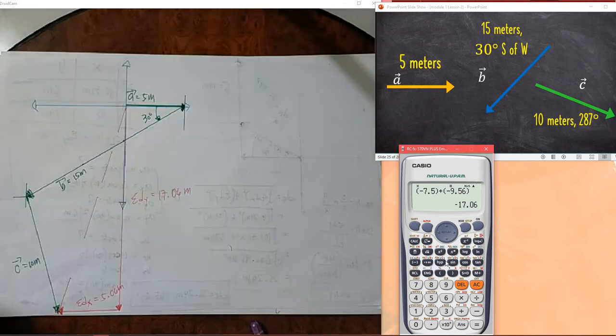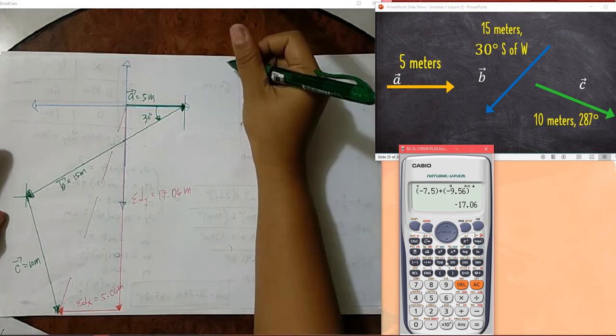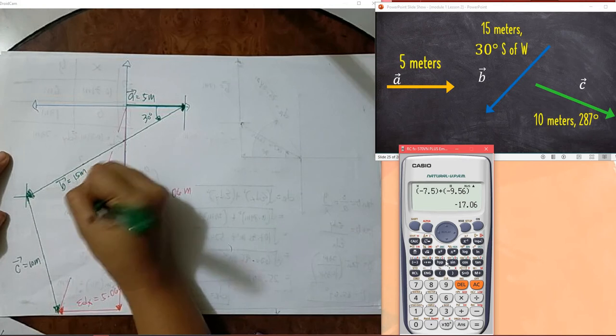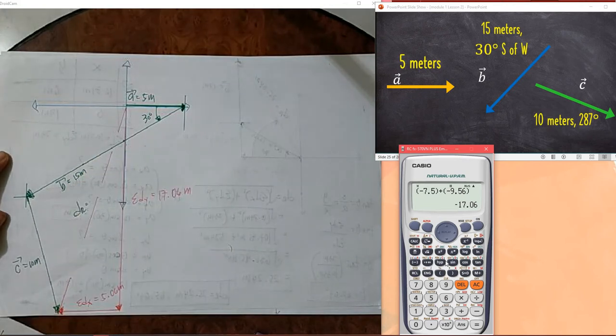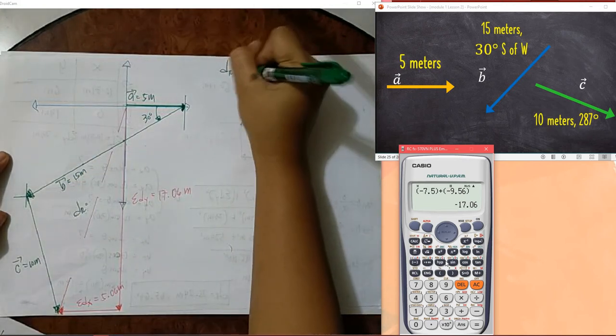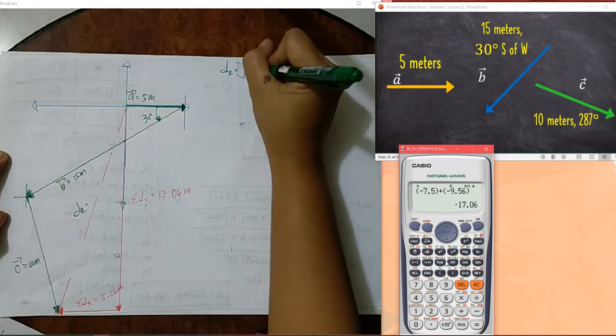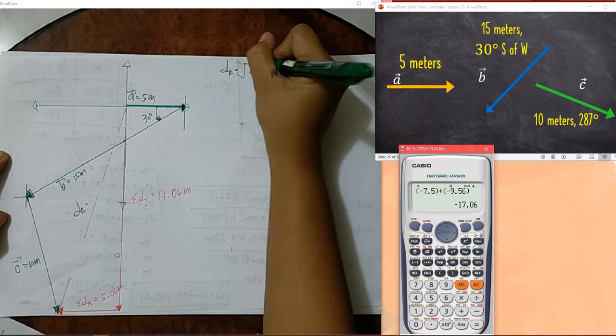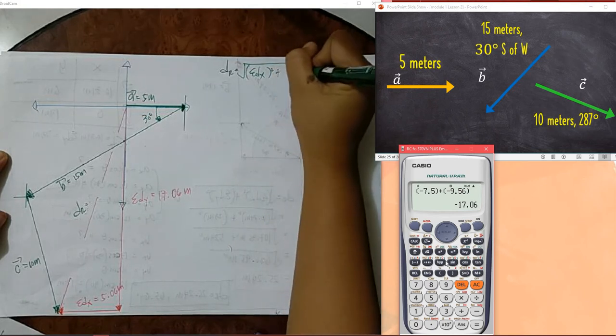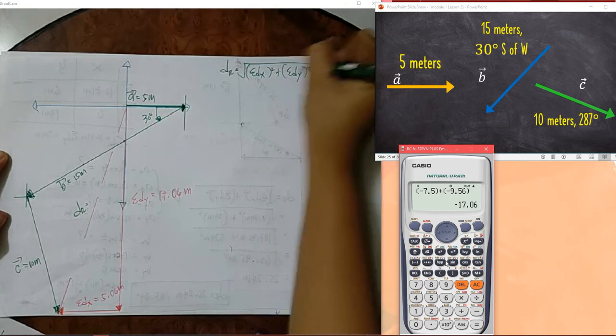Okay? Now that we are able to plot our values in our Cartesian plane, let us solve for our resultant magnitude using the Pythagorean theorem. We are going to look for d sub r, our resultant displacement. So d sub r is equal to the square root of summation of d sub x squared plus summation of d sub y squared.